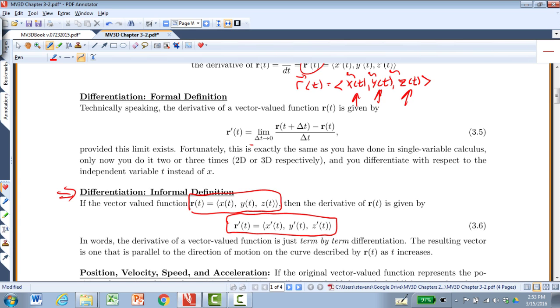More formally, it is actually defined exactly how the derivative of a single variable is found, right? If I had a function f of x, then f prime of x would be the limit as delta x goes to 0 of f of x plus delta x minus f of x all over delta x.